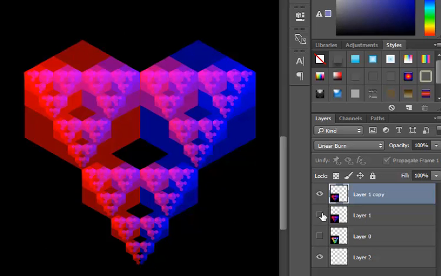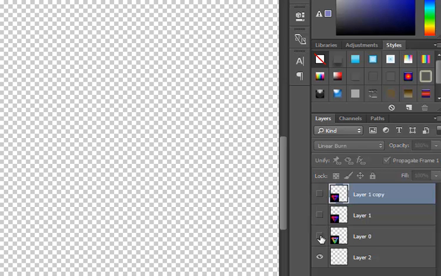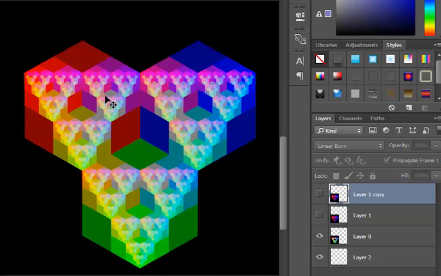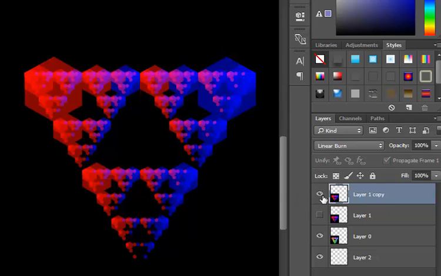Okay, so let's see what happens when we take this original color image with the green and we do a subtraction, or a linear burn. Obviously, this is a filter.